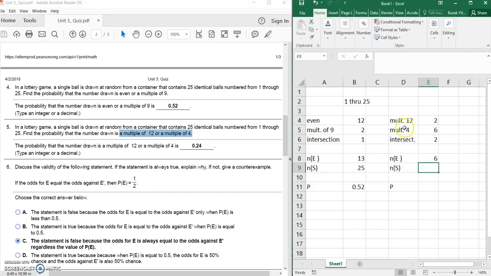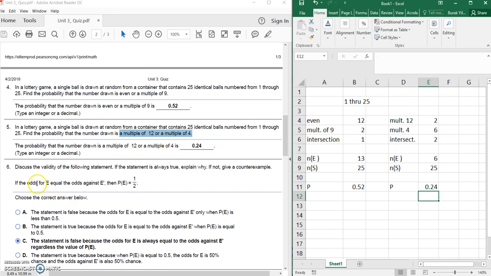But in reality, since a multiple of 12 is always a multiple of 4, I don't need to really figure out the multiples of 12, just look at the multiples of 4. That's why this is equal to that, because the intersection includes that. And then SN is also 25, same balls. So this would be 6 divided by 25, which is 0.24.